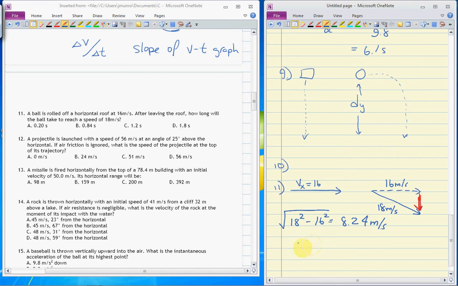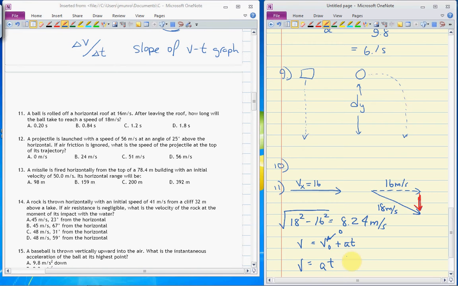Now all I need to do is figure out how much time is needed to get to that speed. Well, v is equal to v naught plus at. The initial velocity was 0 since it was launched horizontally. So v is equal to at.